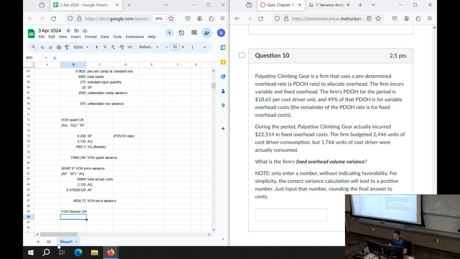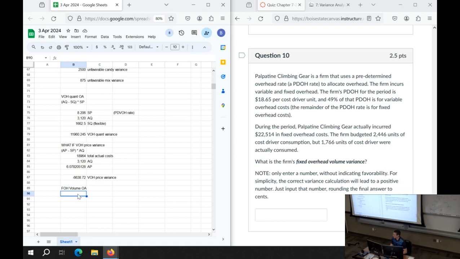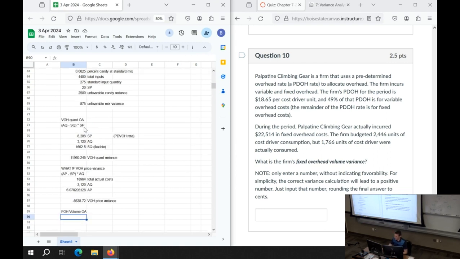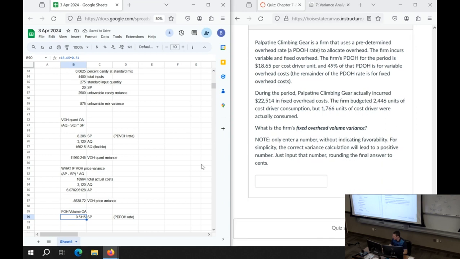A lot of words. Let me shut up about that and do what we've been doing before. We need a standard price, and it's expressed very similarly. It's 18.65 times... Now, 49% is for variable overhead, which means that 51% has to be for fixed overhead. So our PDFOH, or standard price, is 9.5115.